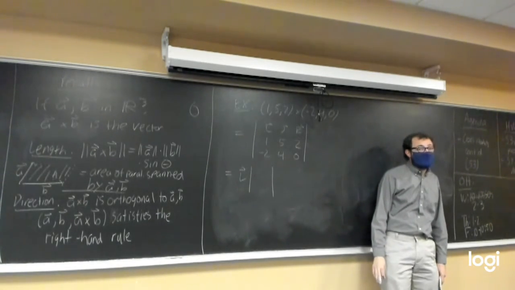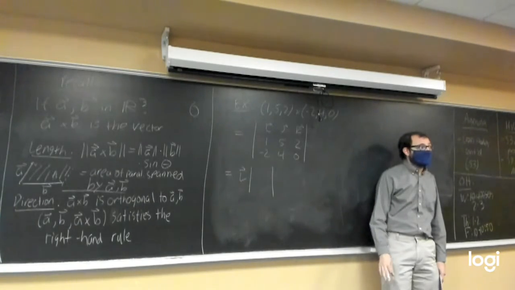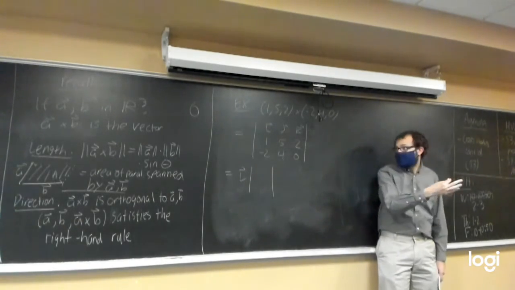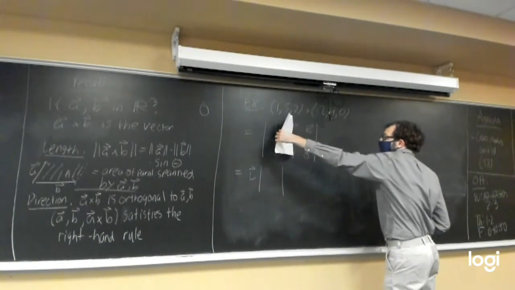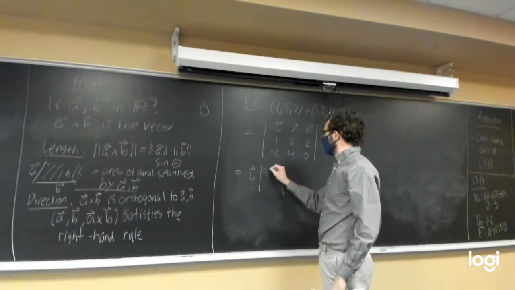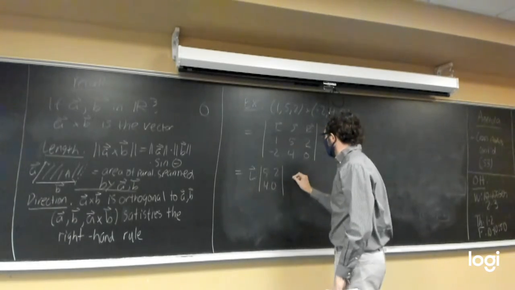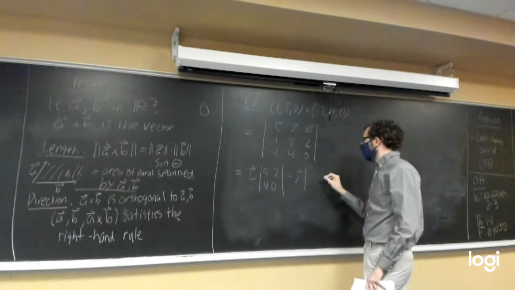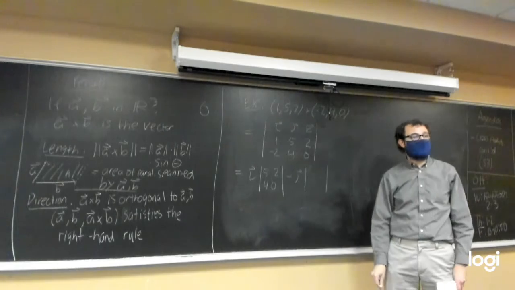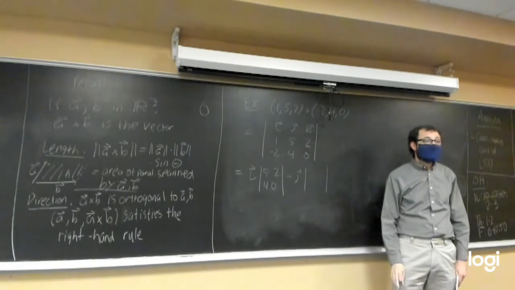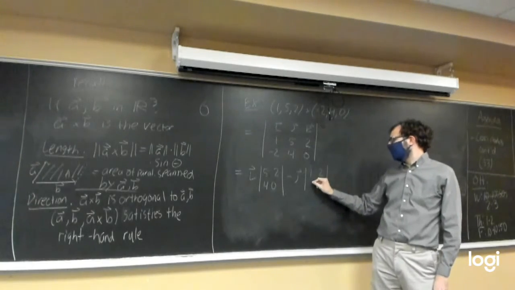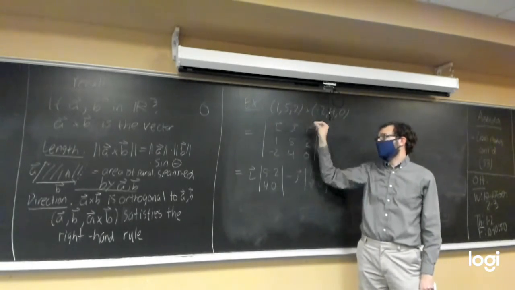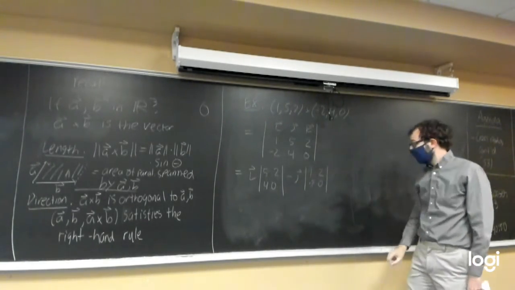Which determinant are we going to need to multiply by the standard basis vector i? The one with 5, 2, 4, 0, what we get if we remove the top row and left column. Minus vector j times which 2 by 2 determinant? 1, 2, -2, 0. Remove the top row, second column.